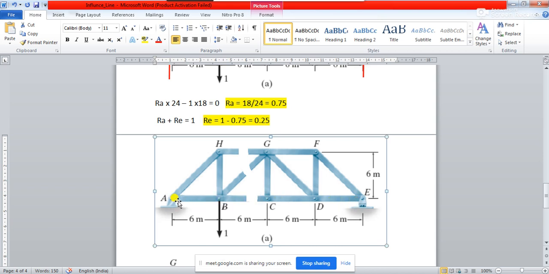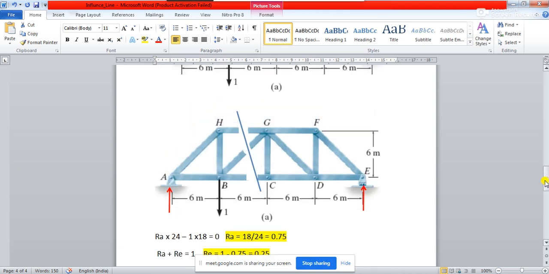The load is moving along the girder, this big bridge deck girder. So we will be considering only these joints, this joint, this joint, this joint, this joint. The first position of the load was here. Now if I move this load from here to here, what will happen?